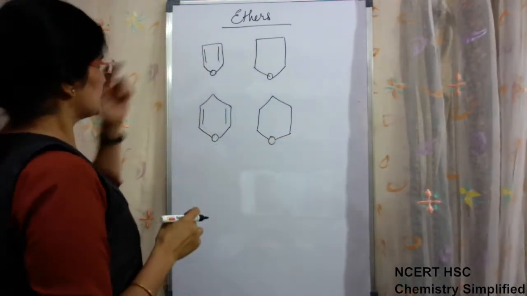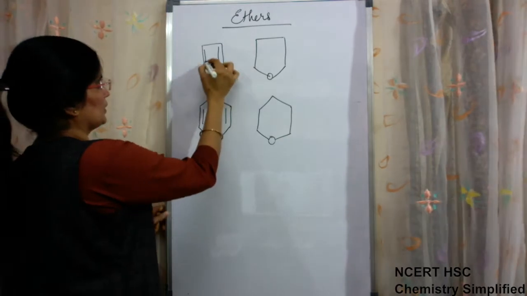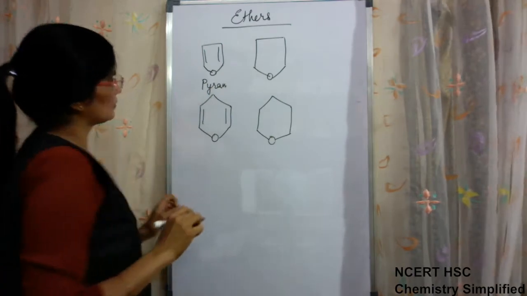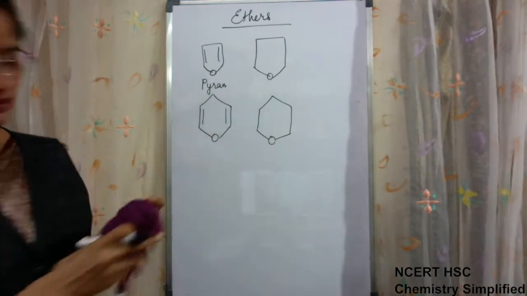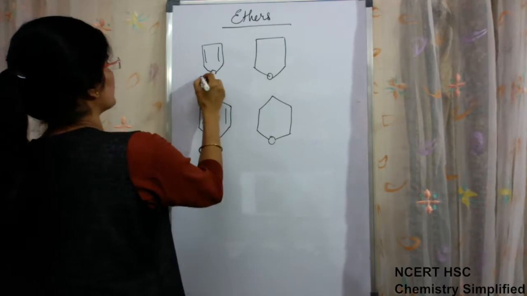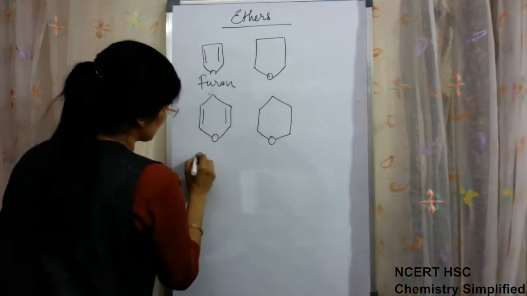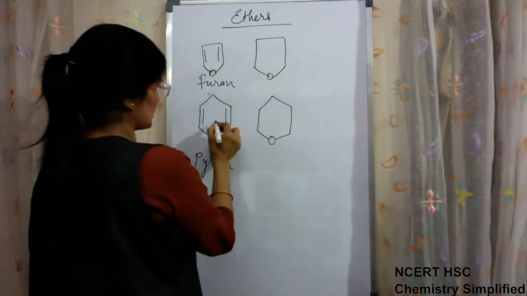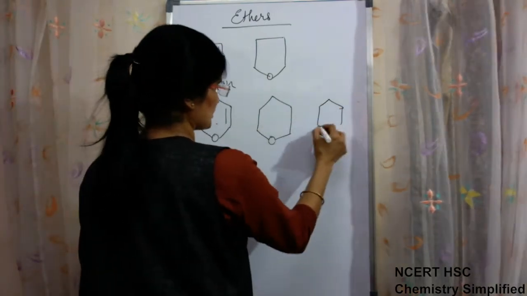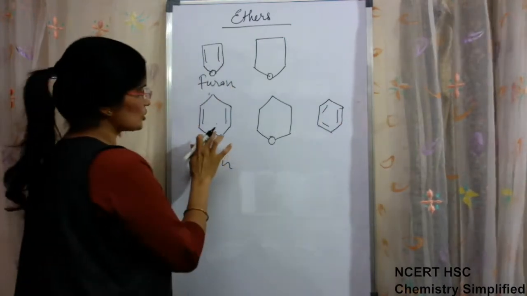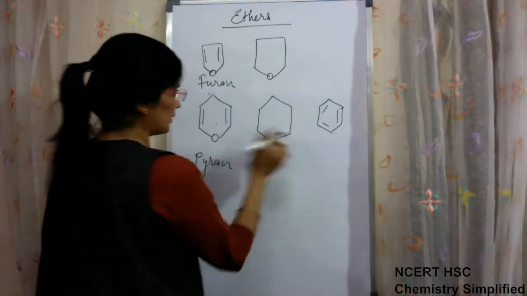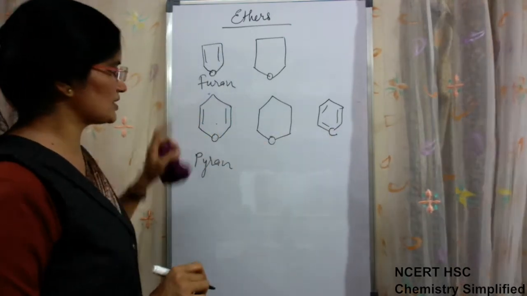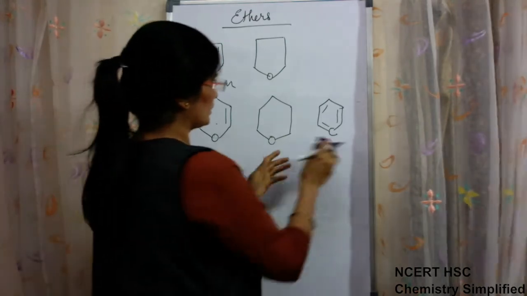Now this structure is known as, wait a minute, this is furan, this is pyran. What is the difference between this structure and the benzene ring? Just see. In this, oxygen is part of the ring. In place of carbon here, there is an oxygen atom. This is a heteroatom in this ring. Okay, so this is a pyran ring.